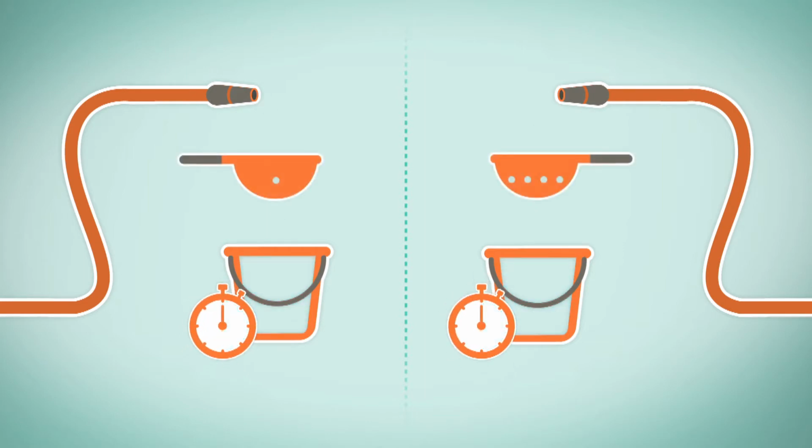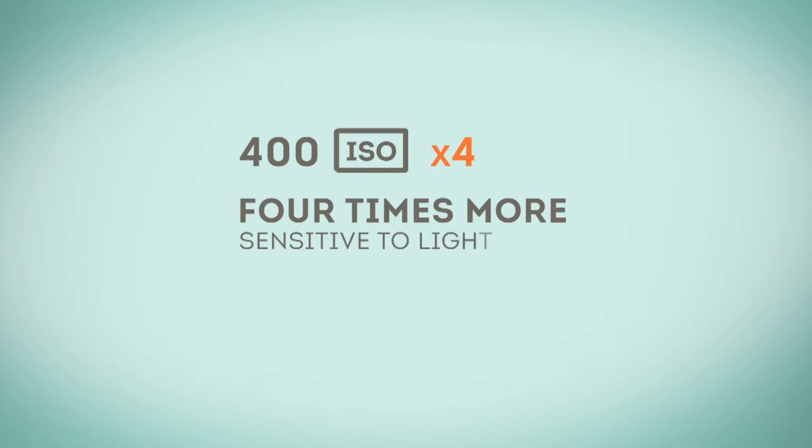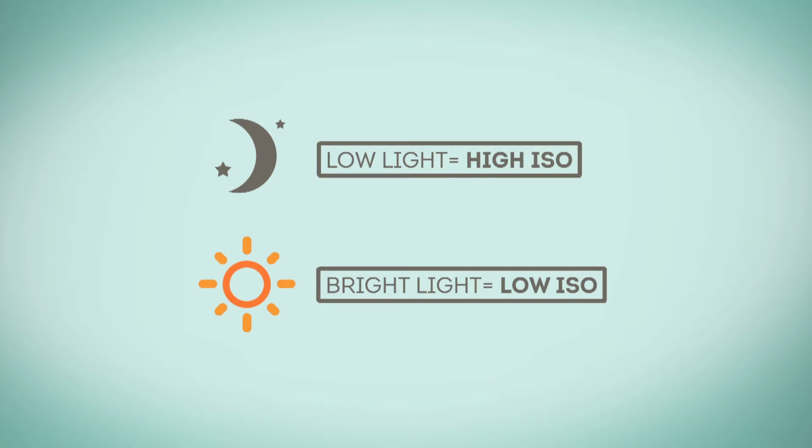Placing the sieve between the hose and the bucket will affect the speed at which our buckets will fill. Our 4-hole sieve will fill the bucket 4 times faster than our 1-hole sieve. Relating that back to our sensor, 400 ISO is 4 times more sensitive to light than 100 ISO. In low light, we need more sensitivity, so a high ISO setting. And in bright light, we need less sensitivity, so a lower ISO setting.